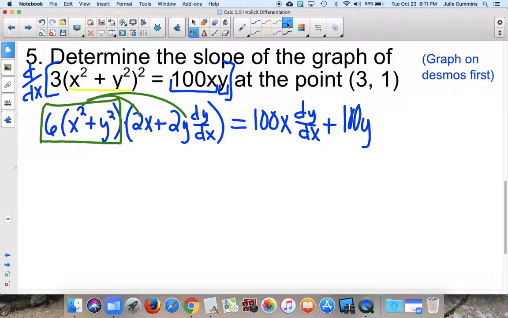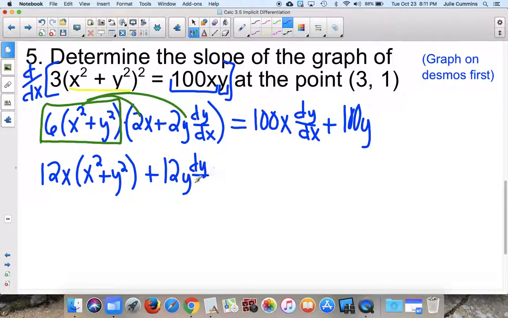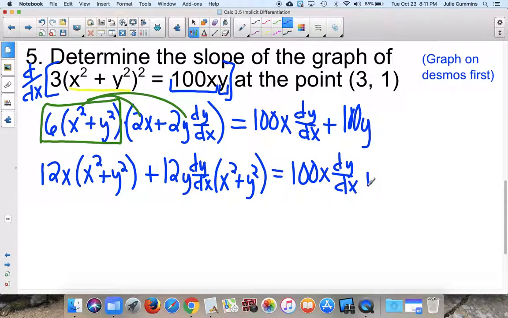So that's going to give us 12x(x squared plus y squared) plus 12y dy/dx (x squared plus y squared). Now, you could distribute and separate out that x squared plus y squared, but we don't need to. So I'm going to leave it this way. The other side is just 100x dy/dx plus 100y.